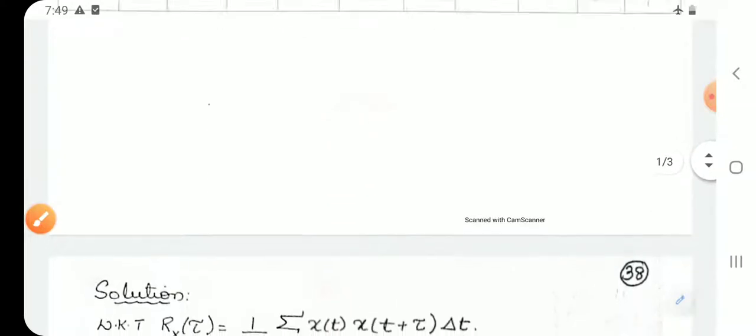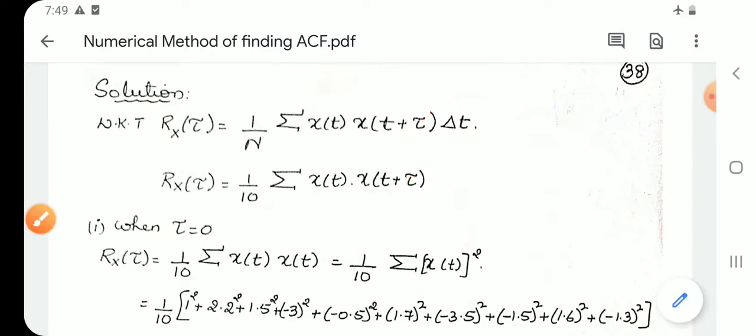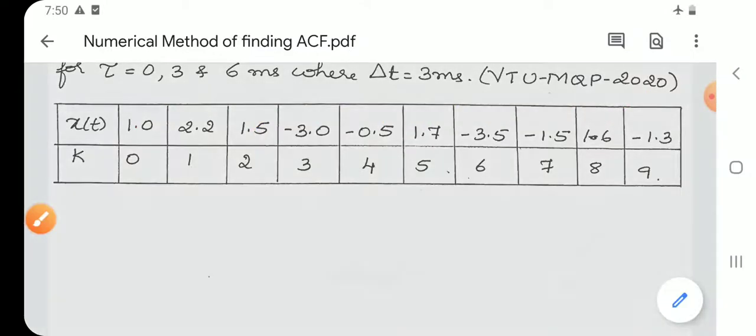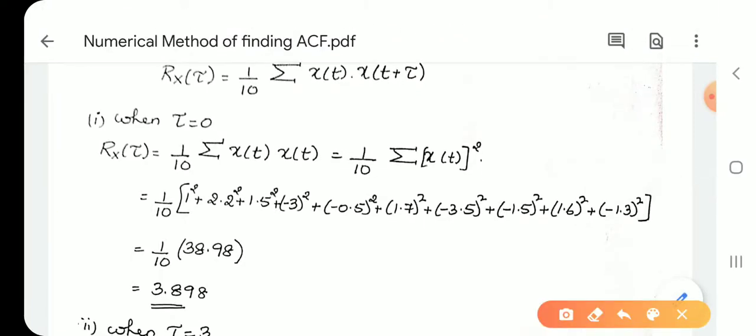So let us take the first case when tau is 0. When tau is 0, it becomes x of t into x of t, which is x of t whole square. The values of x of t are 1, 2.2, 1.5, minus 3.0, minus 0.5, 1.7, minus 3.5, minus 1.5, 1.6, minus 1.3. So for these values, let us write the equation: 1 by 10 sigma x of t whole square.